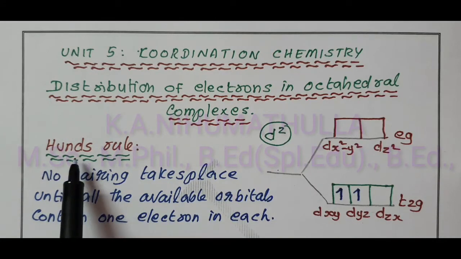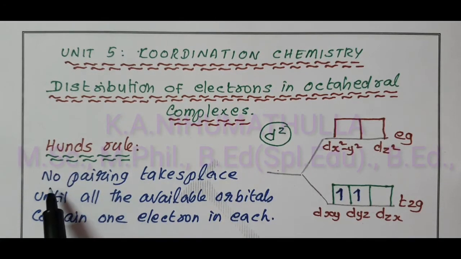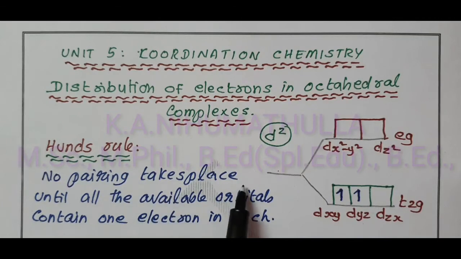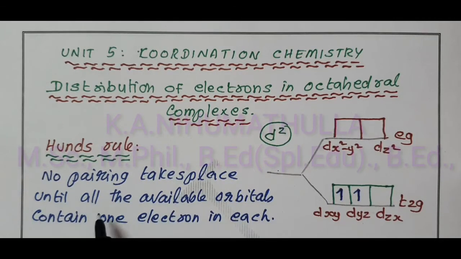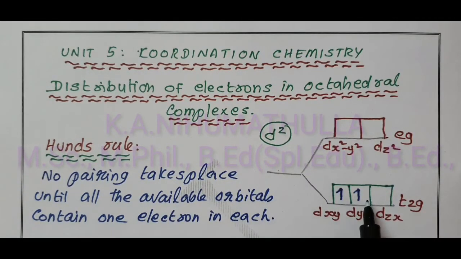You know what is meant by Hund's rule? No pairing takes place until all the available orbitals contain 1 electron each.